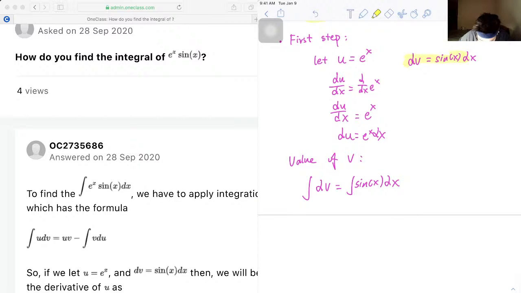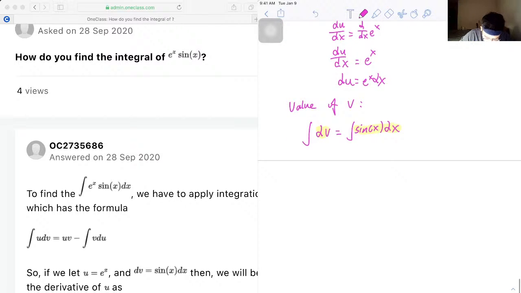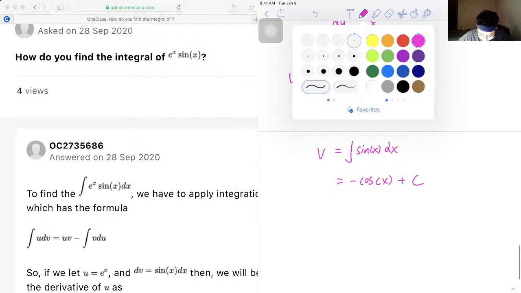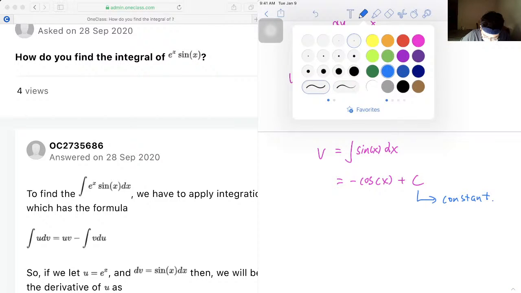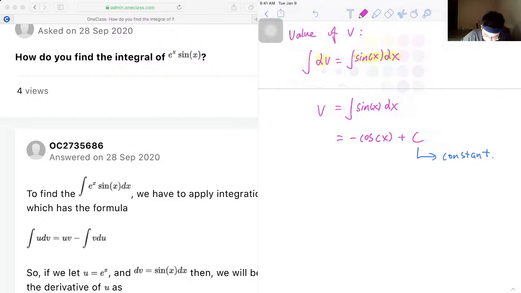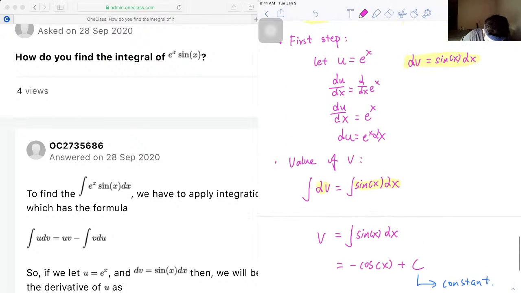We substitute dv by sine x dx, and v will be equal to integral sine x dx, which is equal to negative cosine x plus c, where c is the constant. So that's the second step.